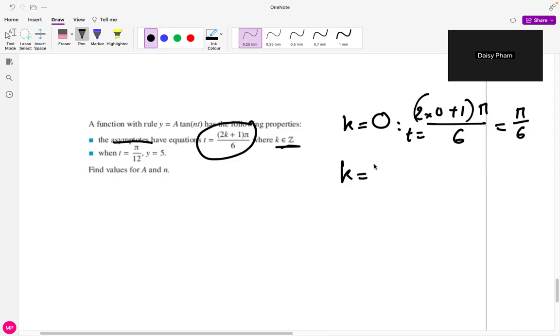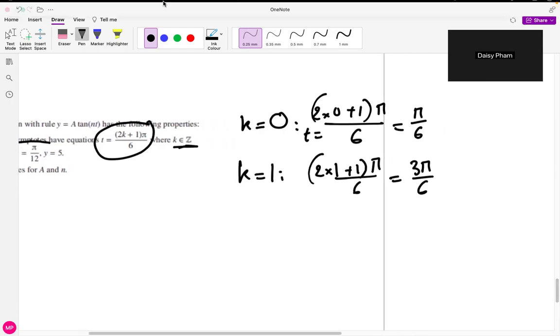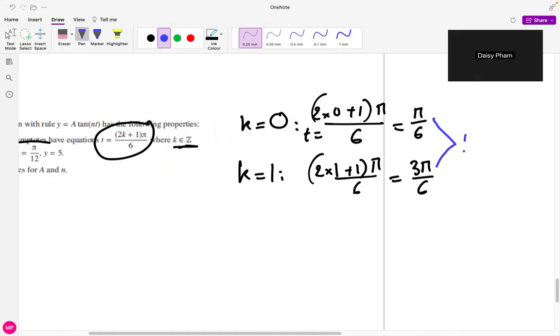If you think about k equals 1, you will have (2 times 1 plus 1) pi over 6. So that gives you how much? 3 pi over 6. Okay. So you can see, as we talked about, the distance between two asymptotes will be a period.